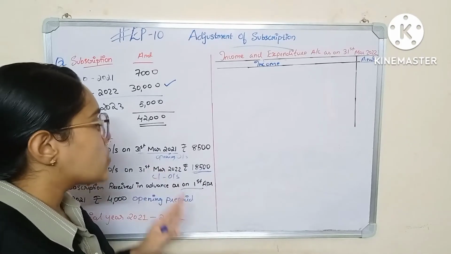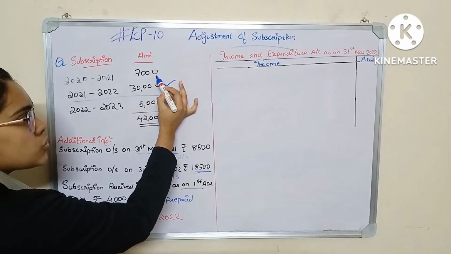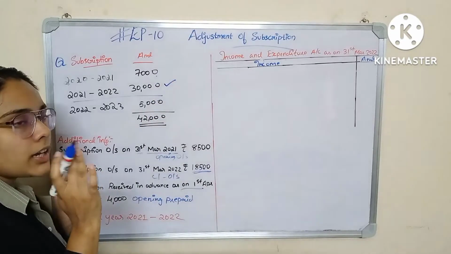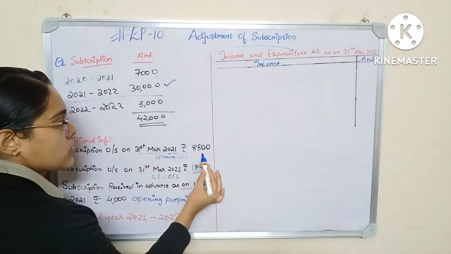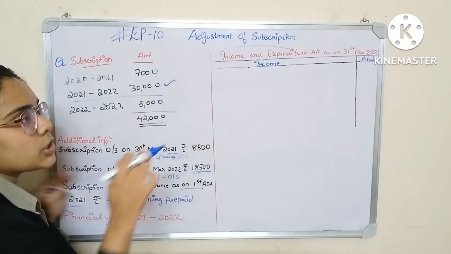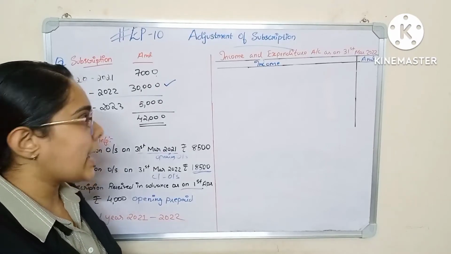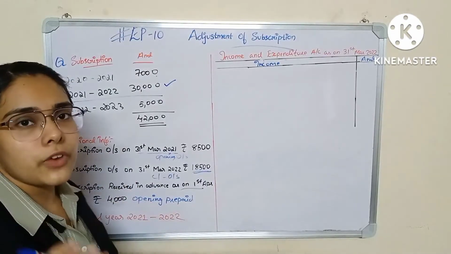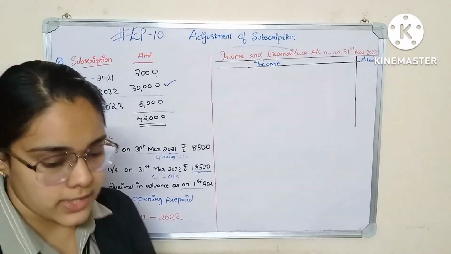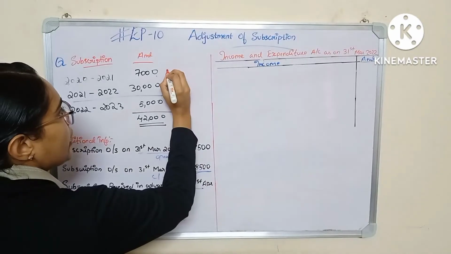But for this 8,500, you have received only 7,000 rupees. In the previous year you had an outstanding of 8,500, out of which you only received 7,000 during the current year. So note that 1,500 rupees is still due.